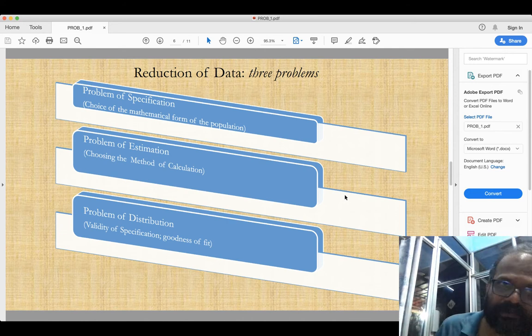So why is it a specification issue? Because there's one mathematical formulation that's suitable to what are common events. Say for example, tossing head or tail many times.